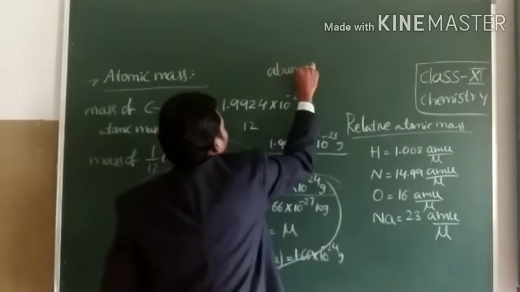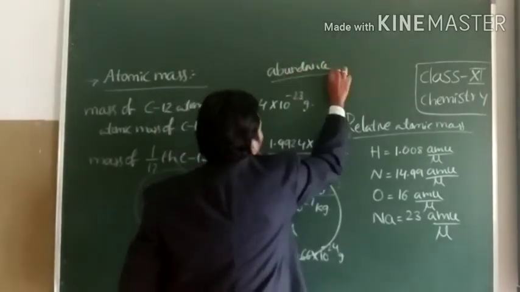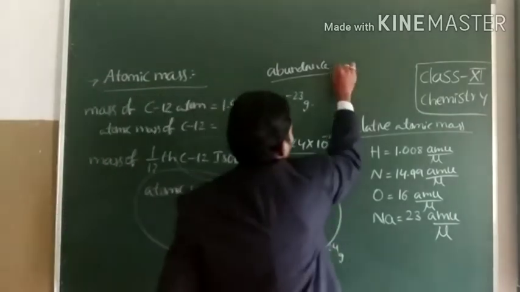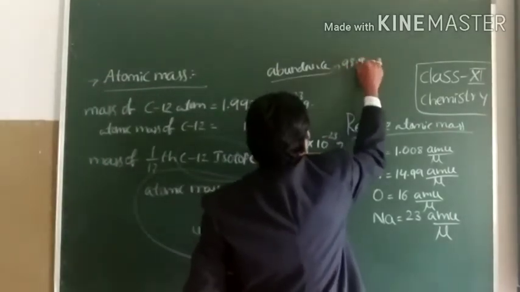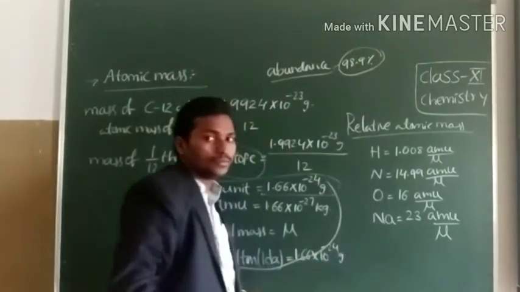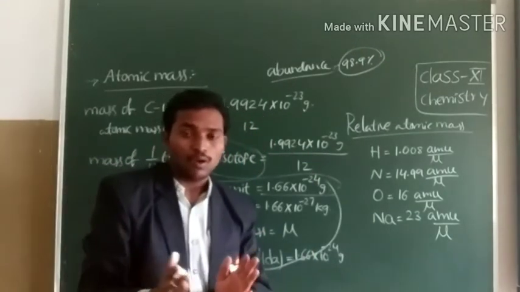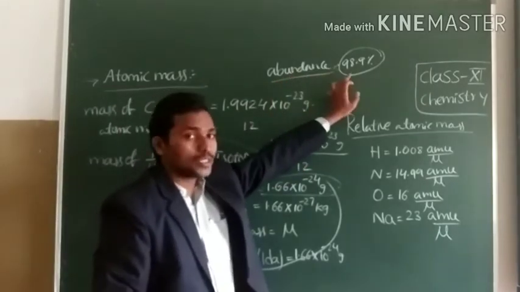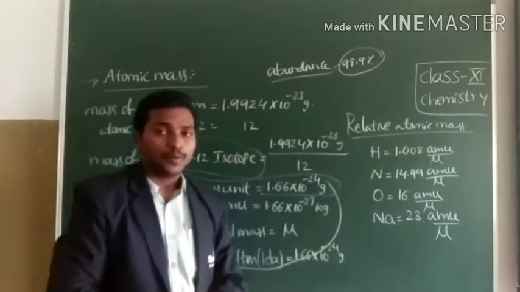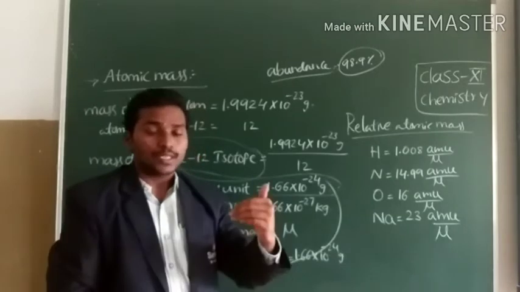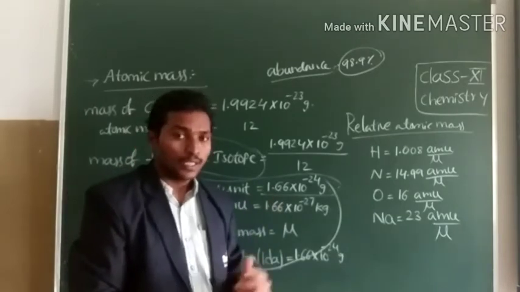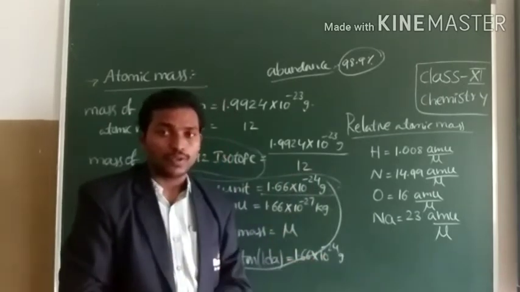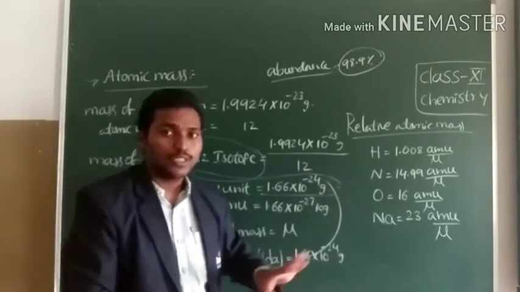Abundance means availability in nature. The abundance of carbon-12 isotope is around 98.9% compared to all isotopes available in nature. So scientists considered carbon-12 isotope as the standard or reference to find out the atomic mass of an element.